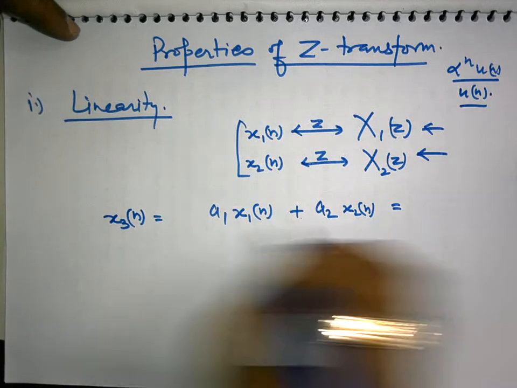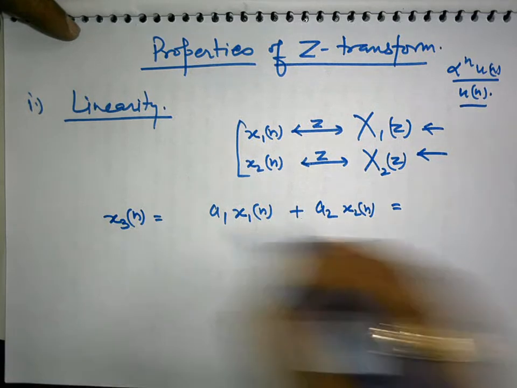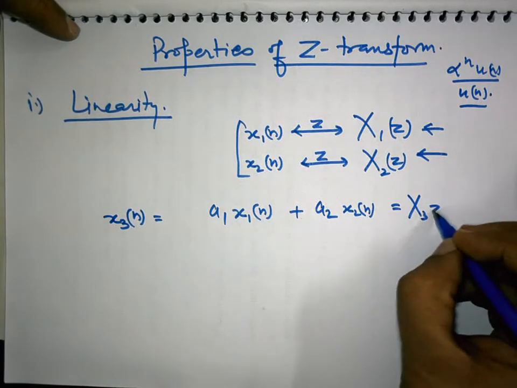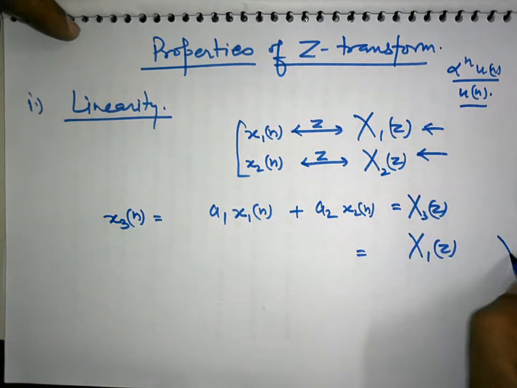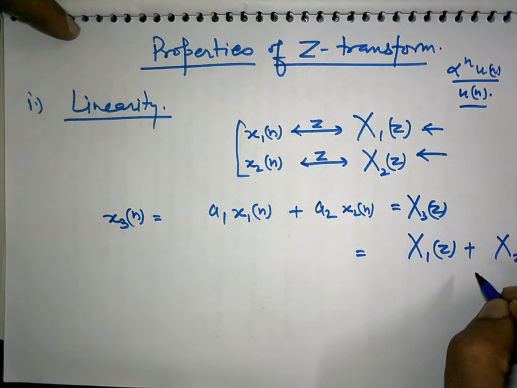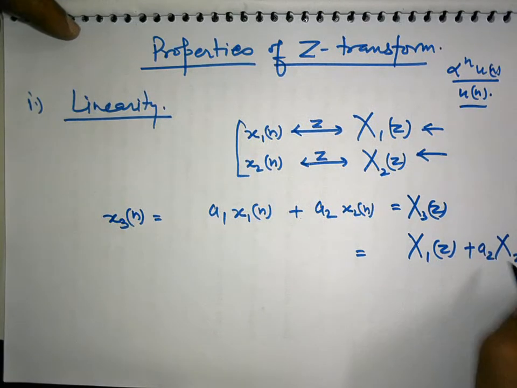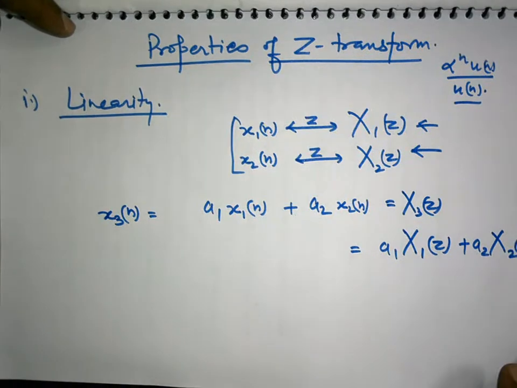some scalar a1, then the Z transform of this x3n, which will be called x3z, will be equal to these individual Z transforms summed together and scaled by the same scalar. Got my point?